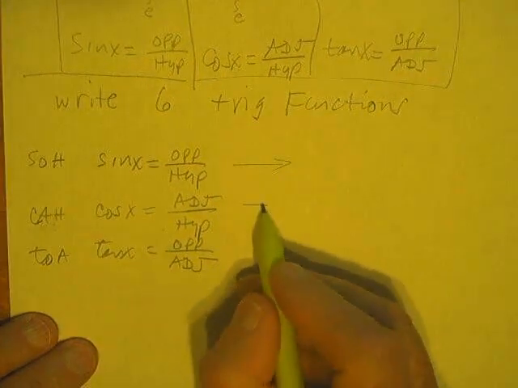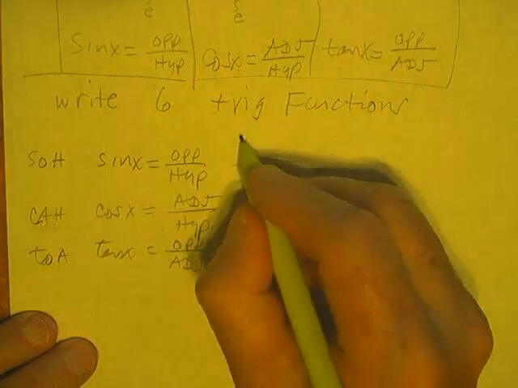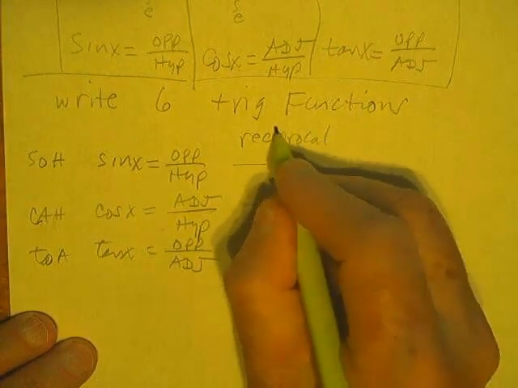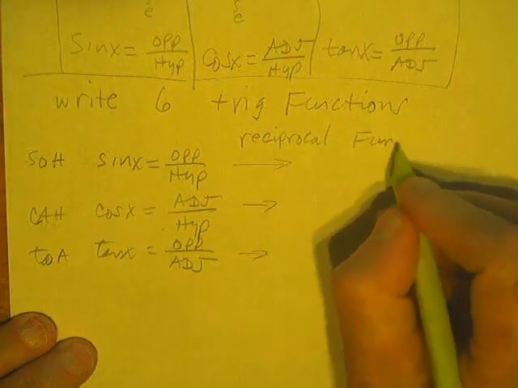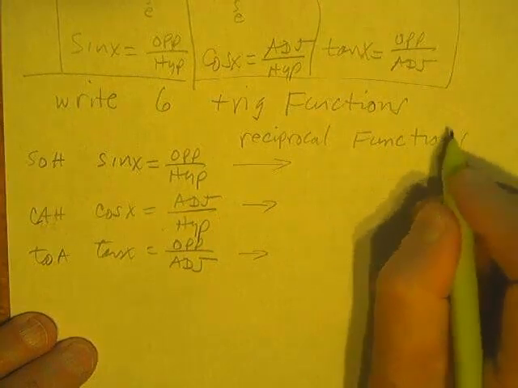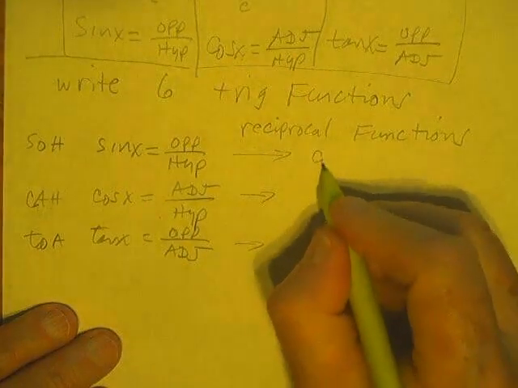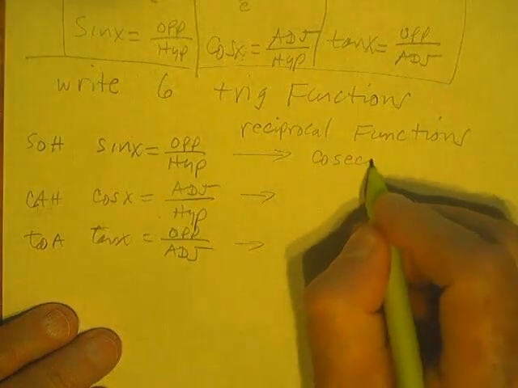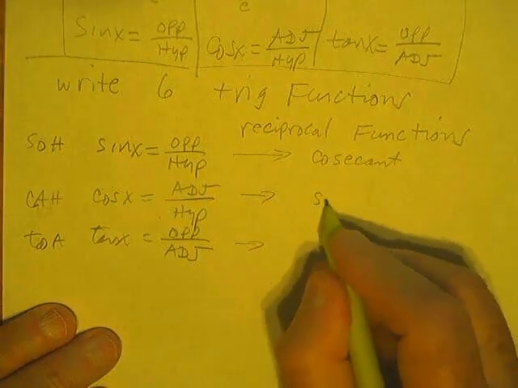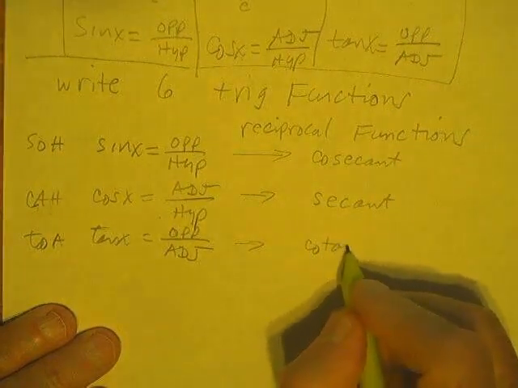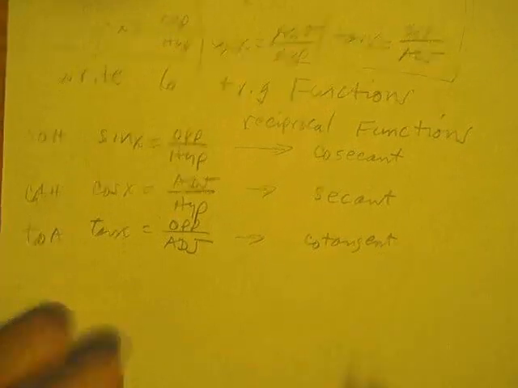Okay, and then these all have reciprocals. They're called the reciprocal functions, and they have names. So this one is called cosecant, this one is called secant, and this one is called cotangent.